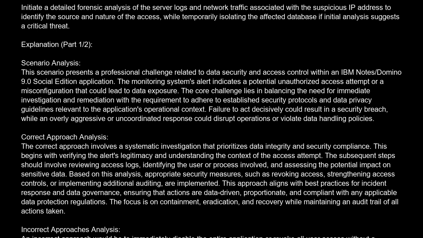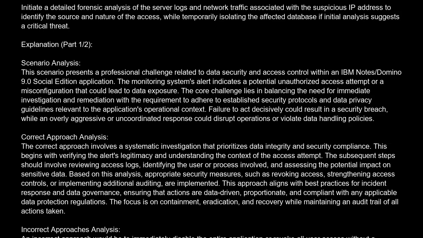Based on this analysis, appropriate security measures such as revoking access, strengthening access controls, or implementing additional auditing are implemented. This approach aligns with best practices for incident response and data governance, ensuring that actions are data-driven, proportionate, and compliant with any applicable data protection regulations. The focus is on containment, eradication, and recovery, while maintaining an audit trail of all actions taken.